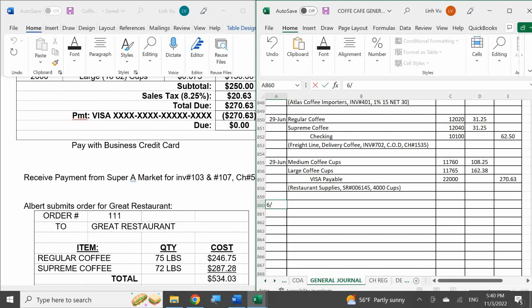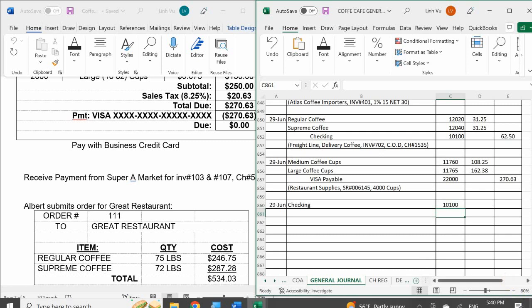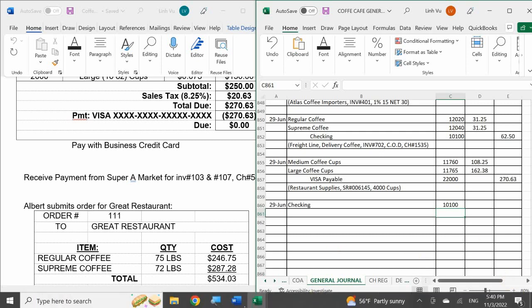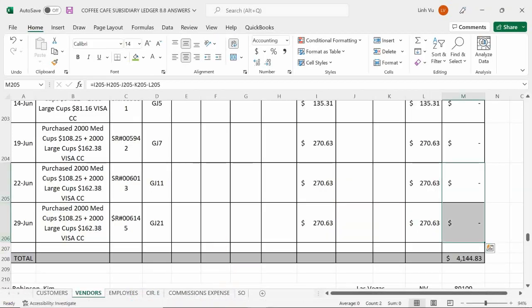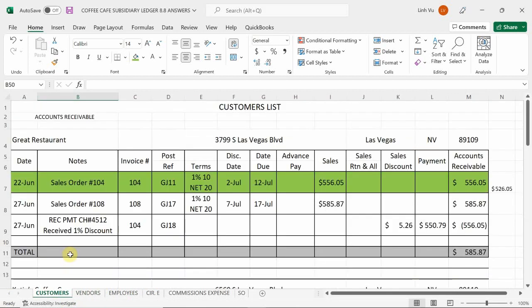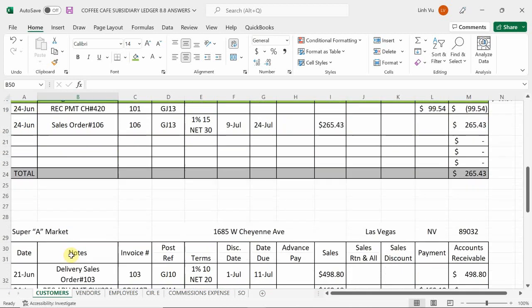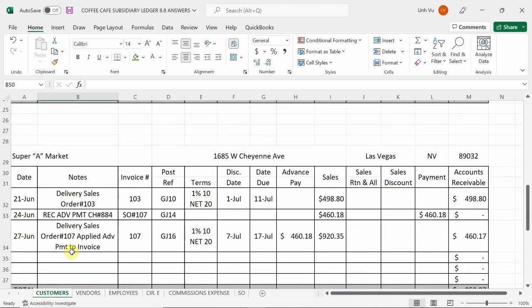We know this much information, that we will be receiving money. So therefore, we got checking. Okay? We just don't know how much yet. So they're paying for 103 and 107. So let's take a look at the subsidiary ledger for customer Super A Market, which is down below here for 103 and 107. Excuse me. So it seems here, let's see.